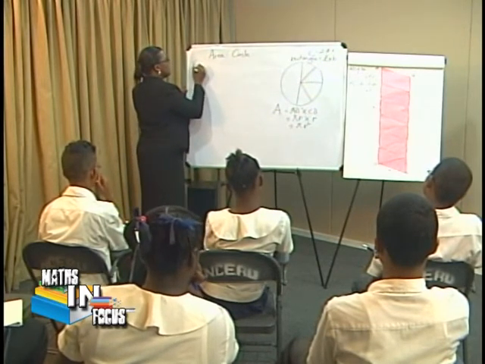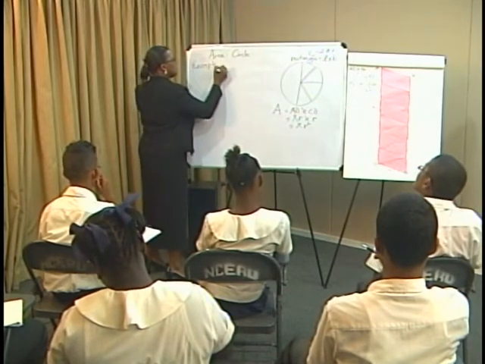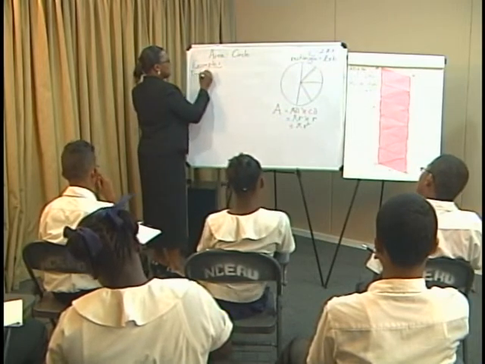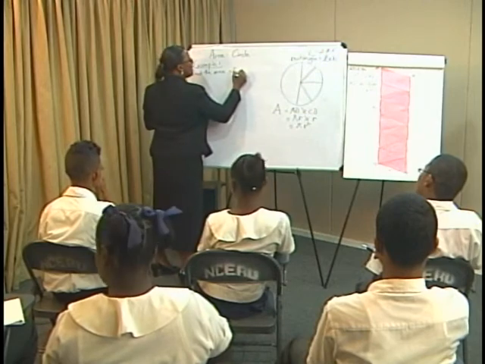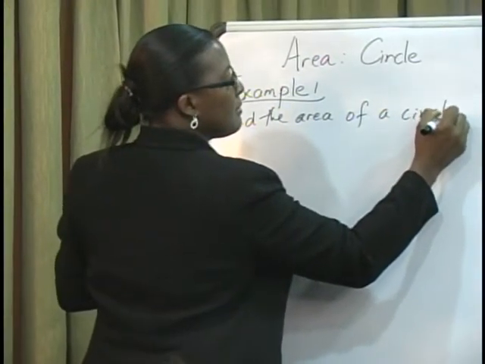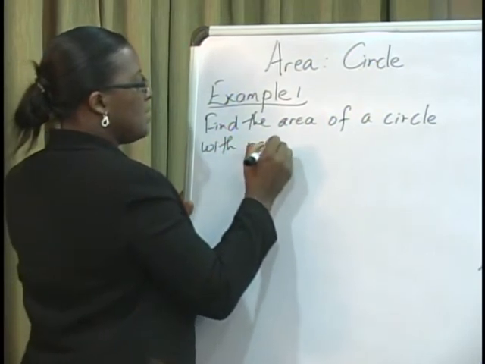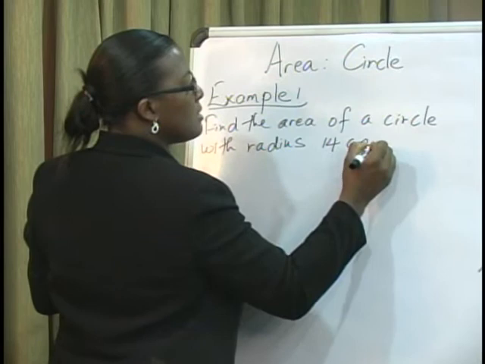Example 1. We're going to find the area of a circle with radius 14 centimeters.